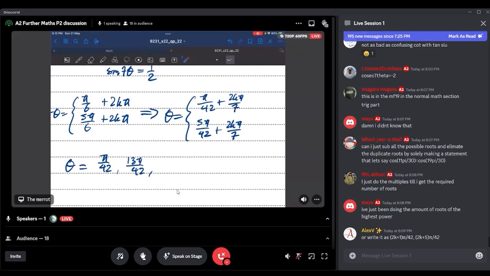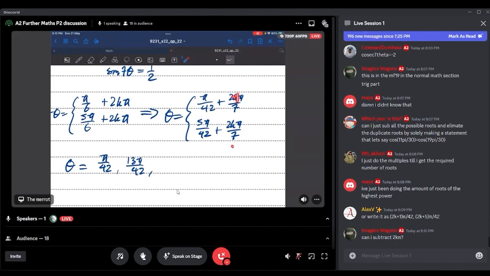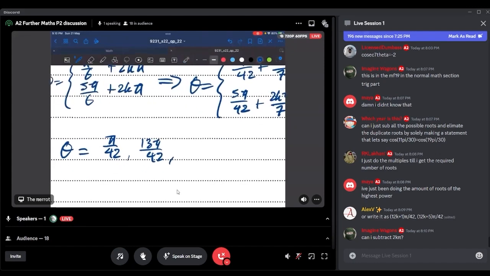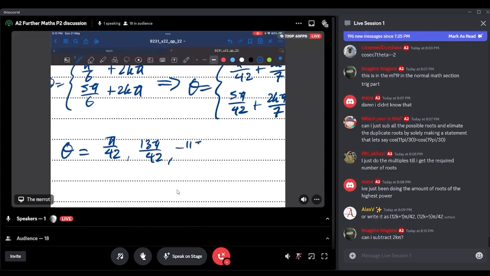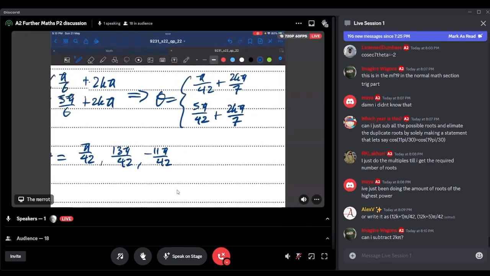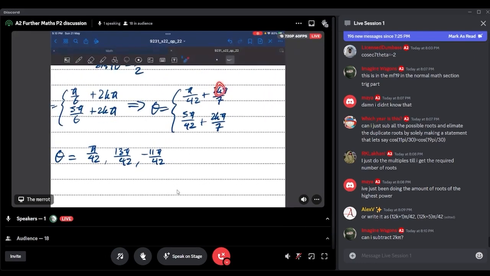So let's go to the left now. If we let k be minus 1, of course you can subtract, so now you have negative 11 pi over 42. This k just means any integer: 0, 1, minus 1, 2, minus 2, 3, minus 3, and so on.